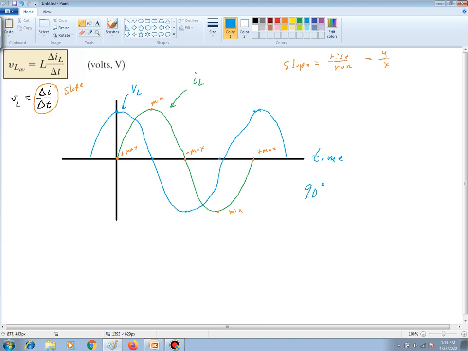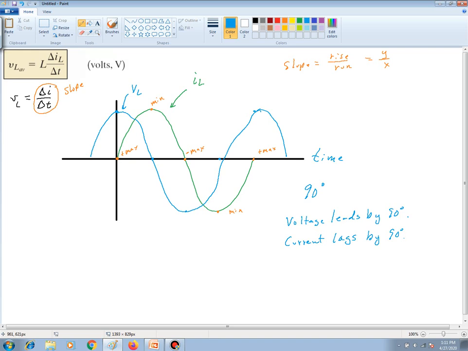For an inductor, we could say that the voltage leads by 90 degrees, or we can also state it as the current lags by 90 degrees. There are two ways to view this, but it's saying the exact same thing.